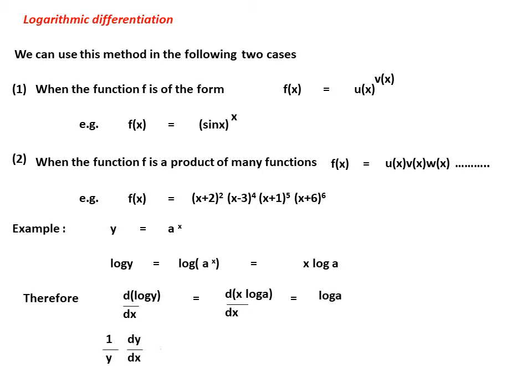So this is log a. Therefore, 1 by y dy by dx equal to log a. You can take y to the right hand side. We have done this already. So y log a, that is a power x into log a. So this is the first example, that is coming under the first category. The base is here of course a constant, but the power is a variable.